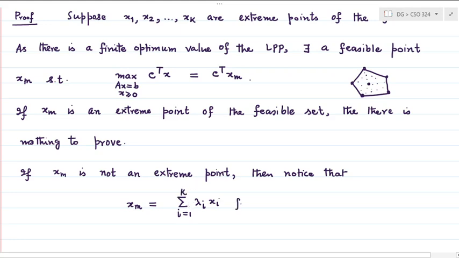And for some lambda i, all lambda i are greater than or equal to 0, and you have the summation of lambda i equal to 1. That is what the convex combination is that we defined on the last day. Fine. So xm is just this convex combination of the extreme points x1, x2 till xk.